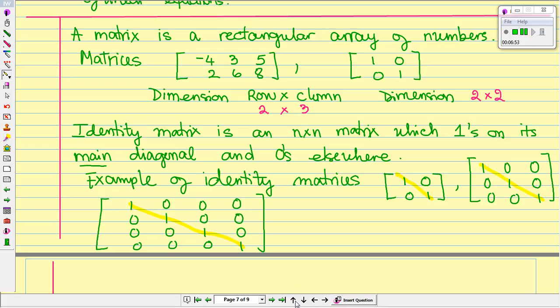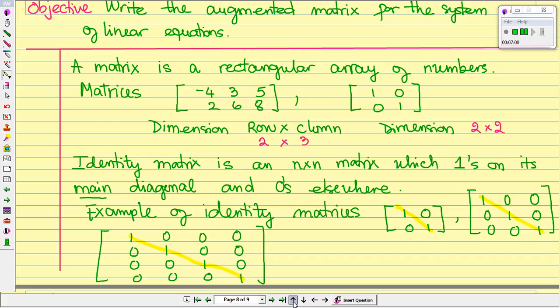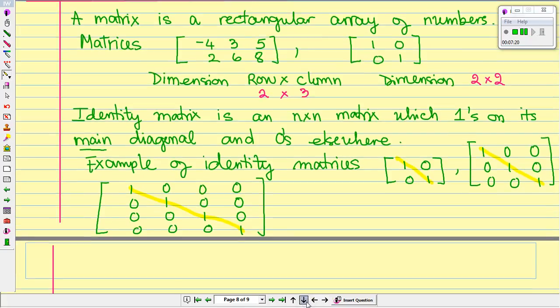Okay, so now let's go back to the objective for this video. We want to learn to write the augmented matrix for the system of linear equations. Now let's answer the question, what is the augmented matrix?